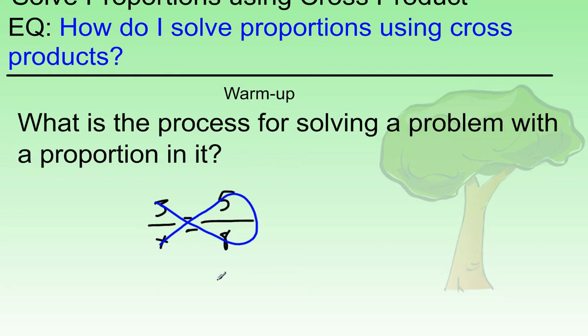I don't like this fishy method because it does not always work. It's a shortcut to help with some of the simplest, easiest proportions. But if you do normal cross multiply the correct way, it works for every single problem, no matter how ugly they look, how easy they look, it will always work.